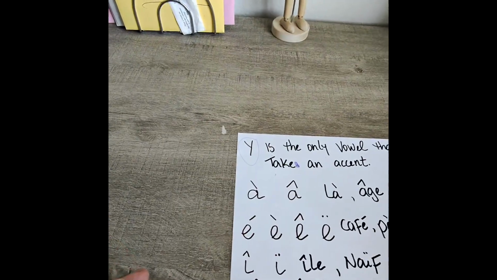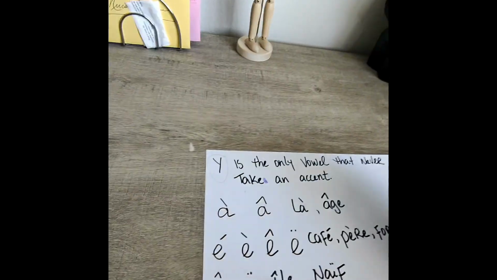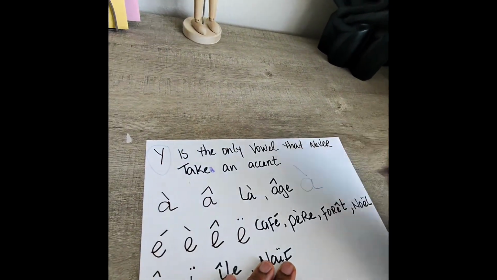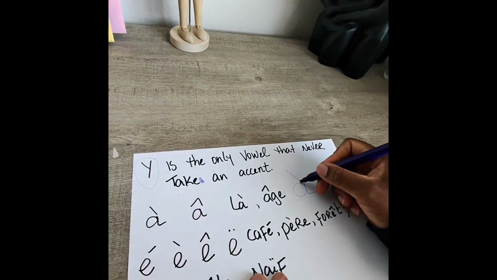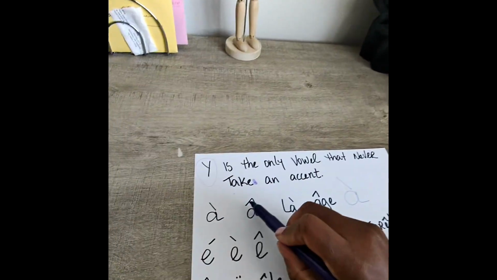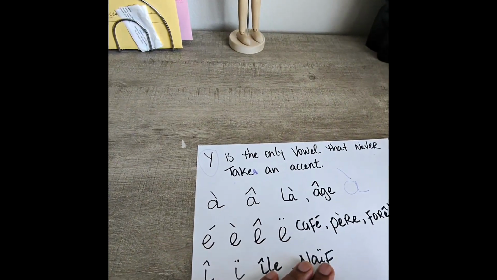The letter A, for example, this is A, and we're going to go like this. That is that side of the roof. And the letter A also uses the roof.